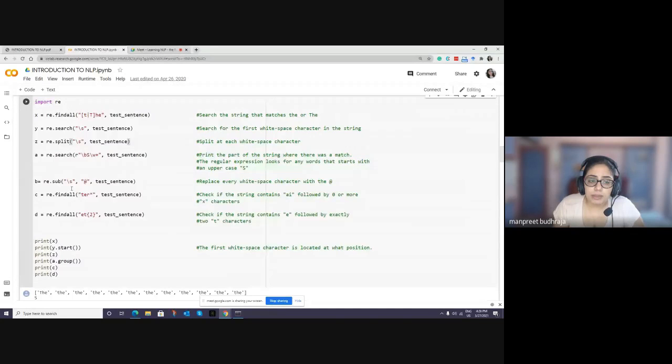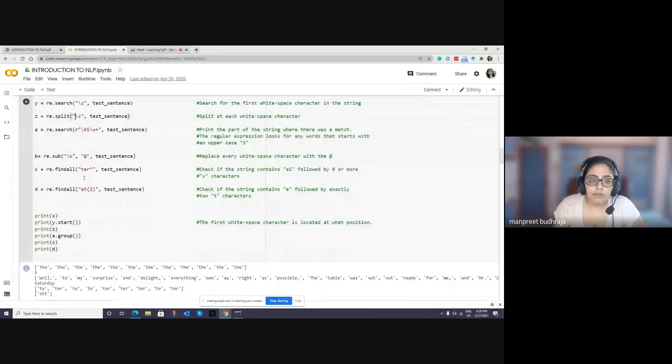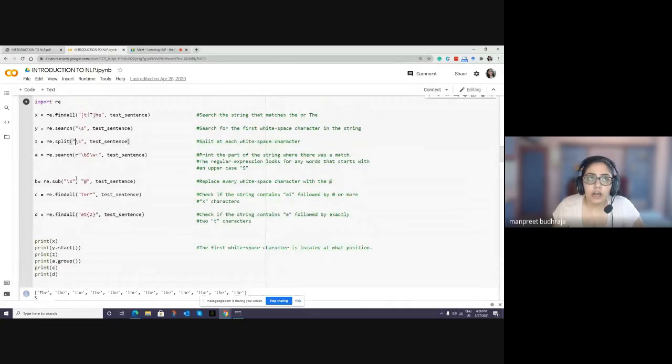Replace your white space with at the rate. Find all the letters matching TER and star. So if it's forget, or suppose eater, it would match eater as well because of TER, or if it's forgetter or some word like that, it will even catch that word.